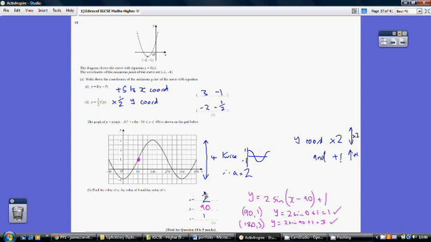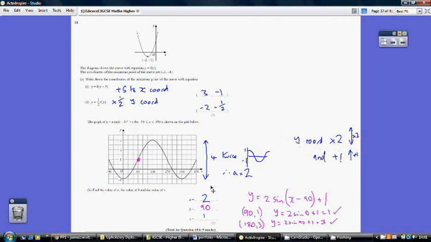So we can say that A equals 2, because we're doubling the y values. Now, not only that, but we're also looking at the symmetry, or the peak and the trough. We're going between -1 and 3, so the y values have also shifted up 1. So our C is going to have to be +1. So with regard to the y coordinate, we've timesed it by 2 and shifted it up by 1.